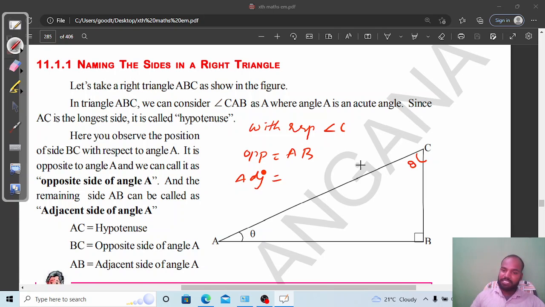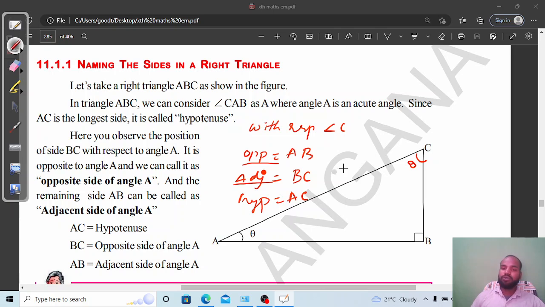Adjacent is BC. So what is your hypotenuse? Your hypotenuse is AC. So hypotenuse is never going to change. Here opposite and adjacent are changed, but hypotenuse is the same.